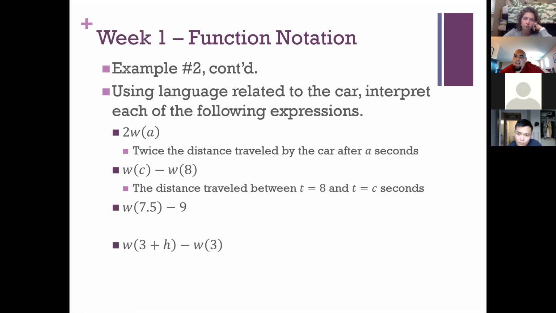Distance traveled in 7.5 seconds when distance is -9. That one, be a little careful with, because it sounds like you're giving me 2 different distances. One is the distance traveled in 7.5 seconds, and one is when the distance is -9. So we have a conflict there.